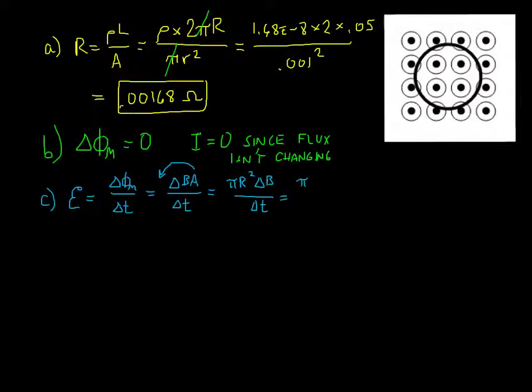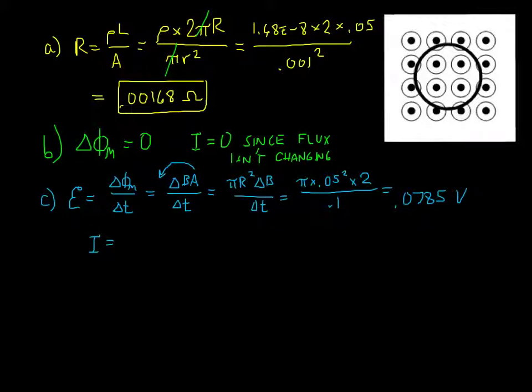I have pi times the radius, 0.05 squared, times the change in magnetic field. The magnetic field was 2 and it went to 4, so that's a change of 2, divided by the time of 0.1 seconds, which is equal to 0.0785 volts.